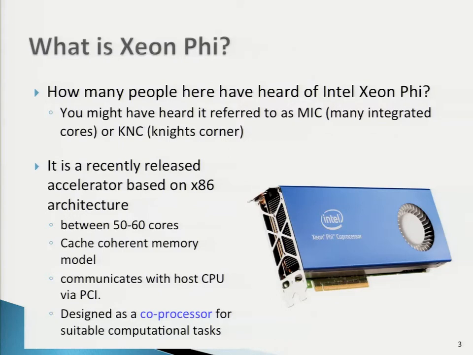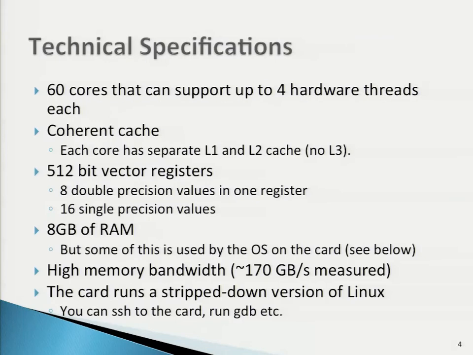That means each of these cores has its own cache, and it maintains coherency between the caches, and it communicates with a host CPU via PCI Express. It's designed as a coprocessor for suitable computational tasks, and suitable is the key word here. It's designed to be very good at certain tasks in lieu of not being good at some other general computational tasks.